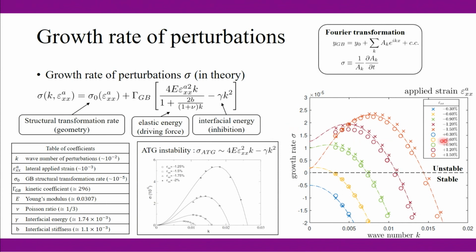As you can see here, for different compressive and tensile strains, for example, the top one is the strain at negative 0.3%, that's compressive, and also positive 0.3% tensile strain. That was the blue circle and blue cross. You will see the growth rate for any wave number is always negative.